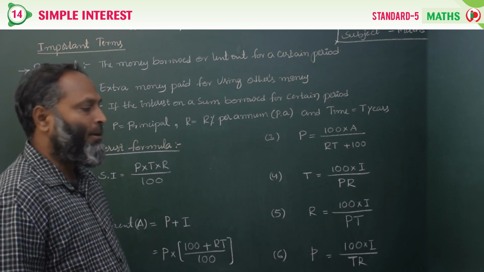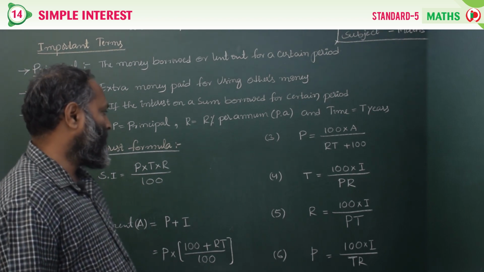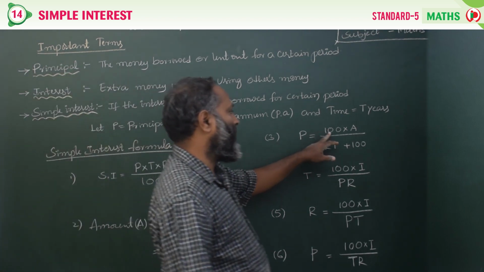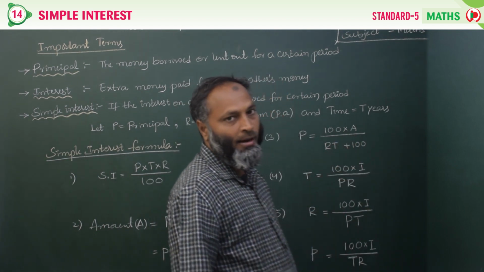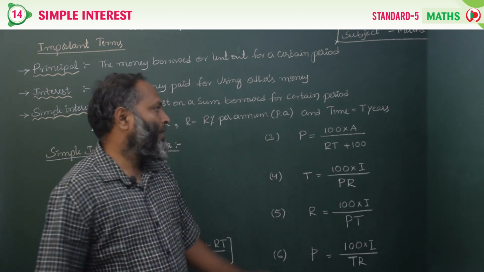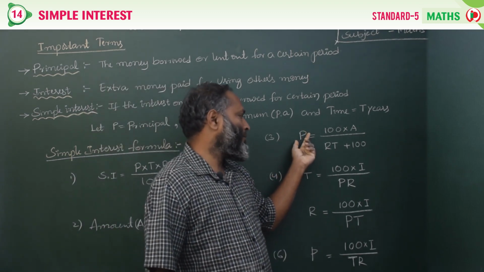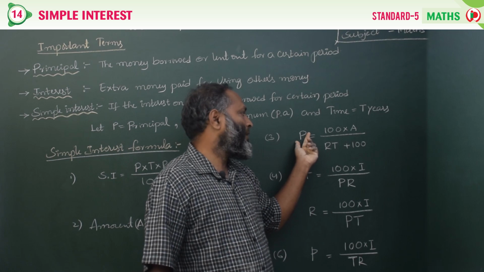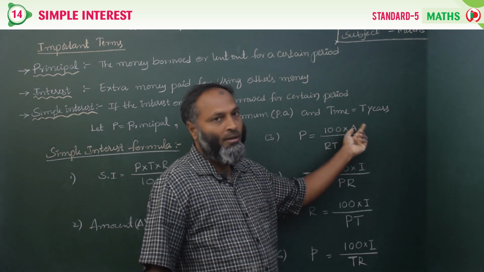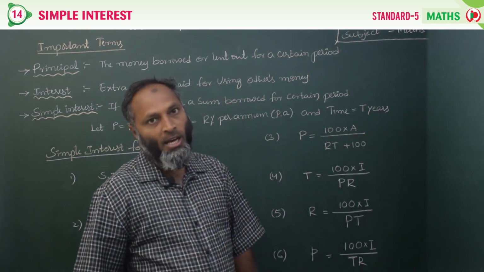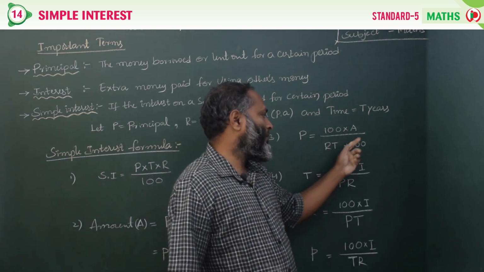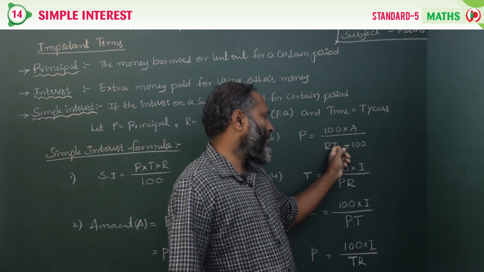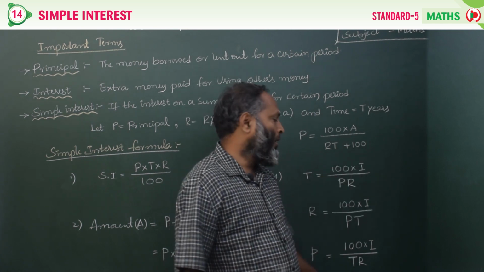To find the principal, P is equal to 100 into A by (RT plus 100). So suppose you want to find the principal and the amount is given, using the formula P is equal to 100 into A by RT, rate of interest and time period, plus 100.